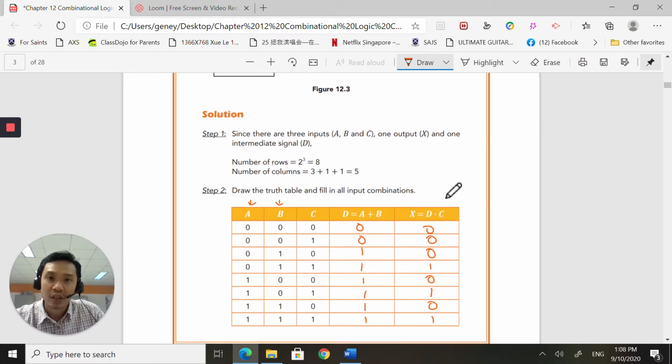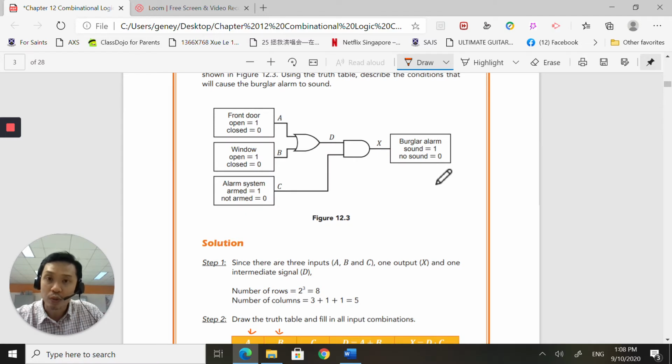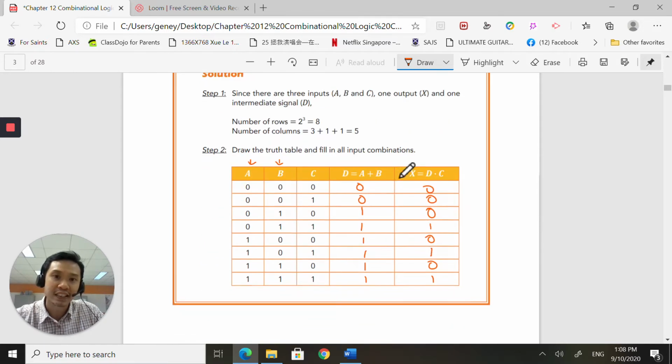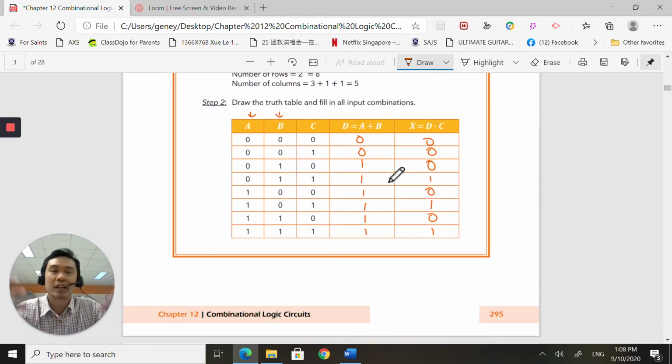Now, what I want to do is to come up with something called a sum of product expression. Let's say I were to tell you, come up with an expression that relates ABC to the output X. I can tell you that X would be true, that means 1, in three situations.